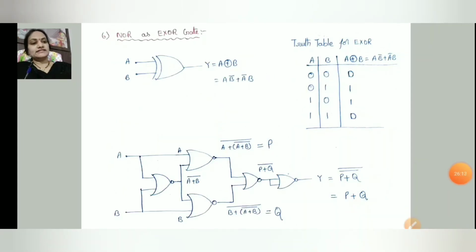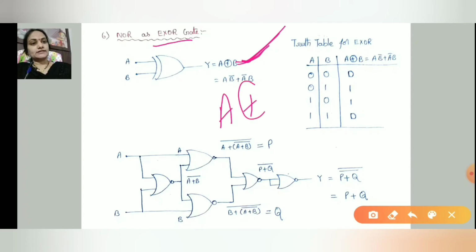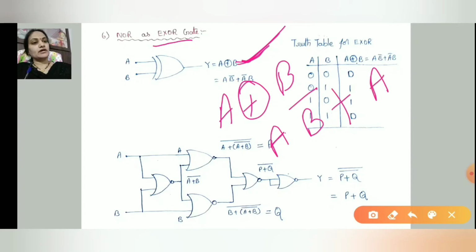Now the sixth one, that is NOR as XOR gate. XOR means you have to write the expression like this, that is A XOR B. Again, what is the equation for it? That is A B bar plus A bar B. This is the equation for this A XOR B expression.